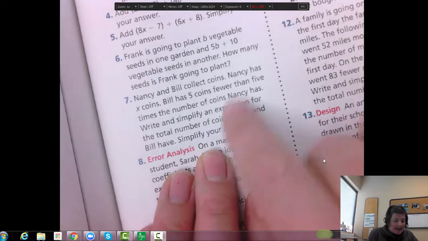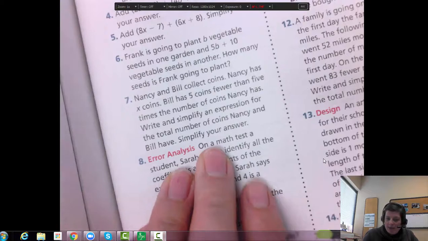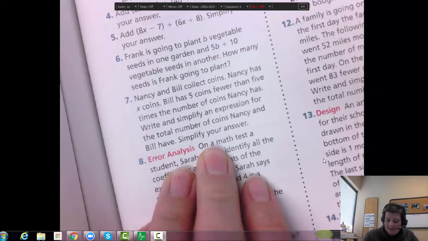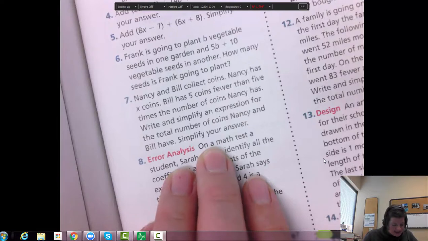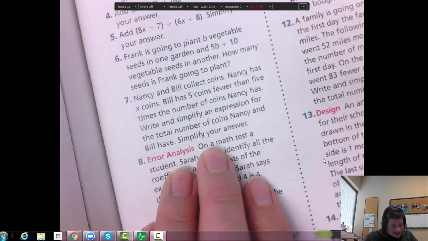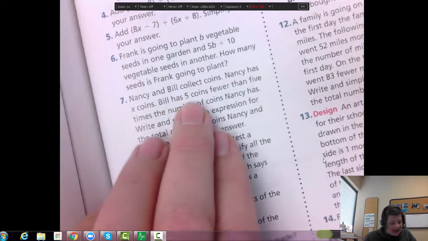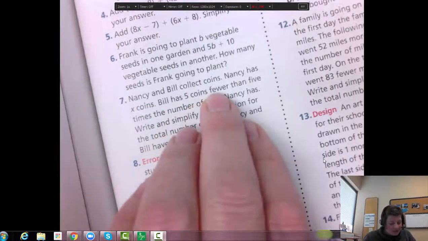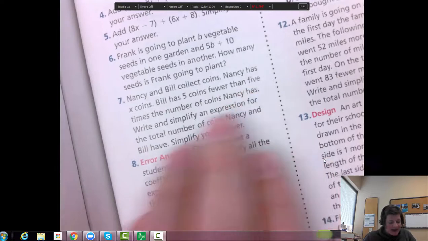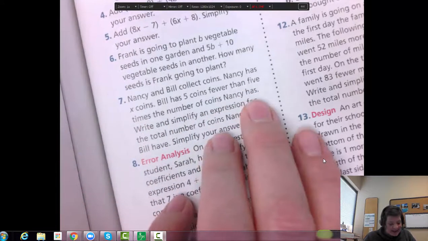Nancy and Bill collect coins. Nancy has X coins. I'm going to, on my paper, you can't see it, I'm going to write X is equal to Nancy's coins, or the amount of coins she has. And Bill has 5 coins fewer than 5 times the number of coins Nancy has.